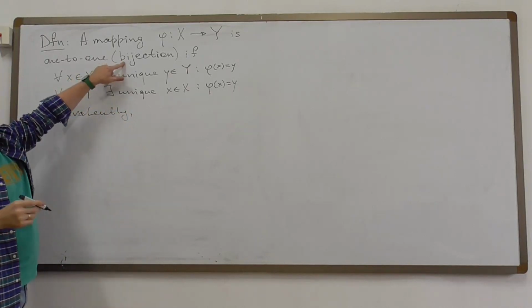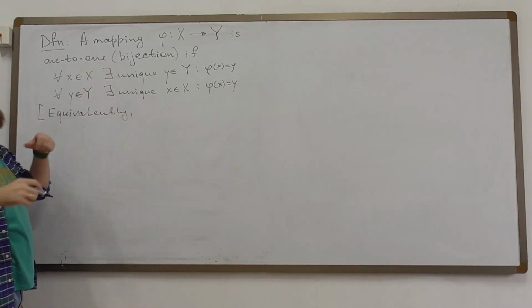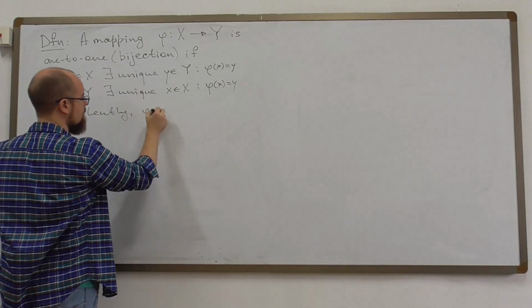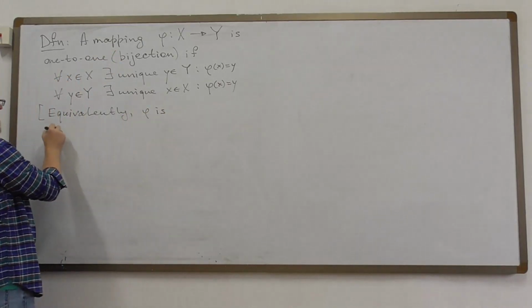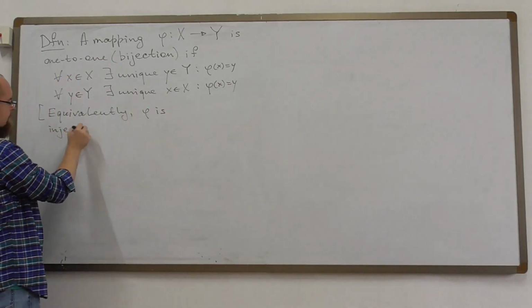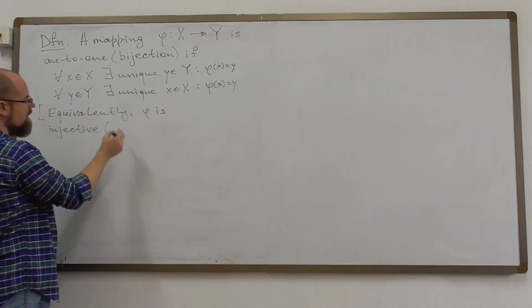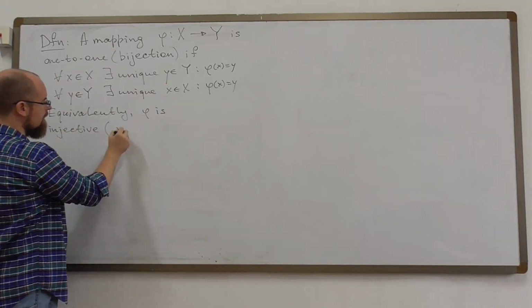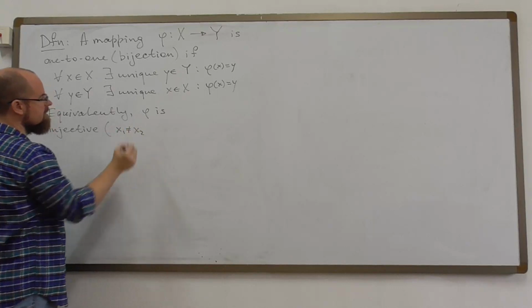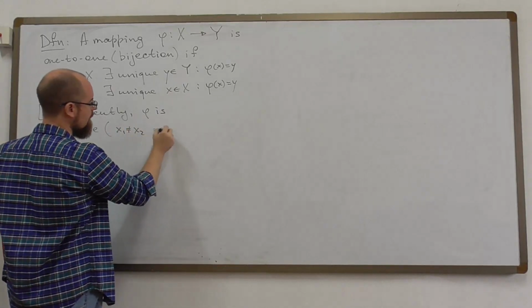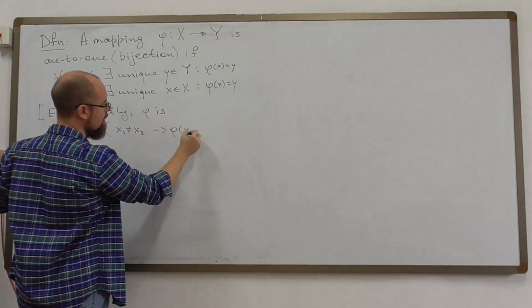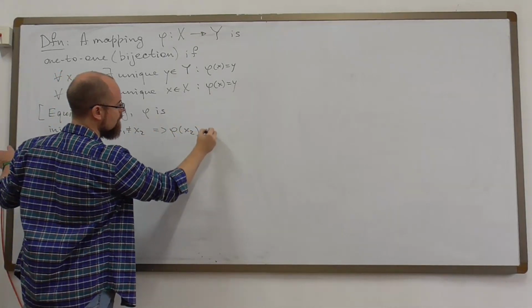Equivalently, by bijection, it means that this mapping is injective. That is, if x1 is distinct from x2, then so are the values of phi.